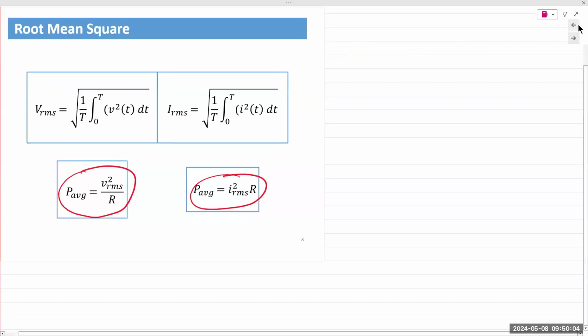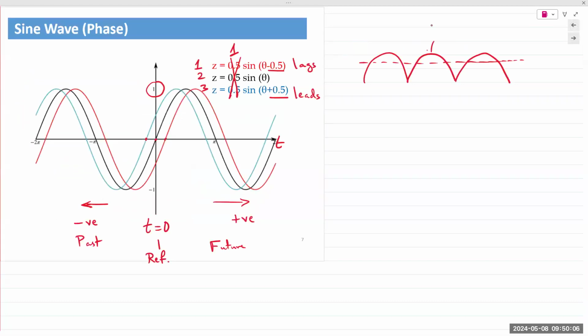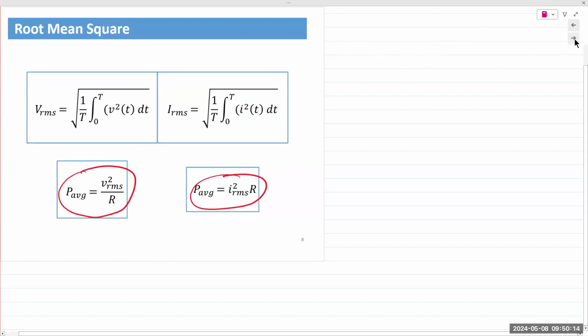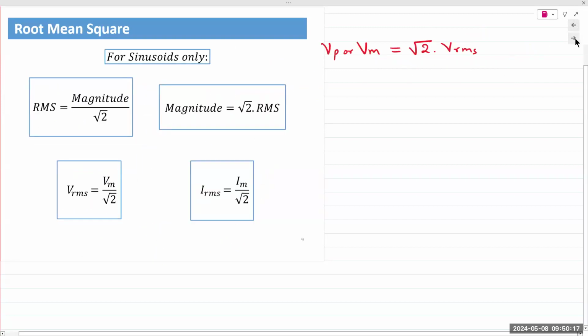If you think about this waveform, these are peak values, and this would be the RMS. So this is only for sinusoidal waveforms, not for anything else. For sinusoidal waveforms, V RMS is the magnitude divided by root 2, or the magnitude is root 2 times V RMS.